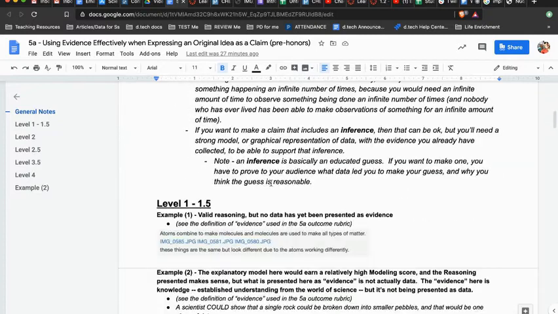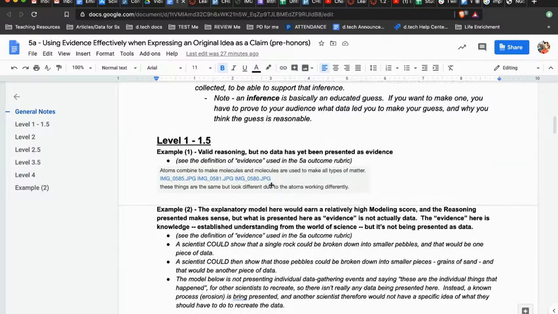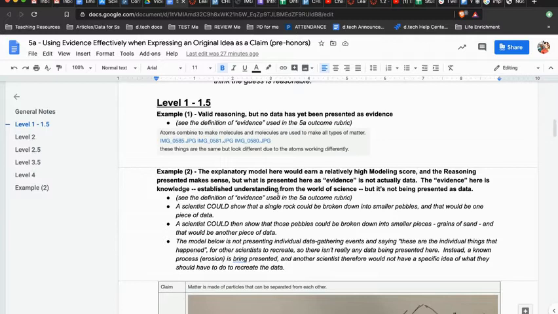Okay. So looking down at these, when we're in the level 1 and 1.5 area, generally with these, what was presented as evidence was not really evidence in the sense that it wasn't really data.